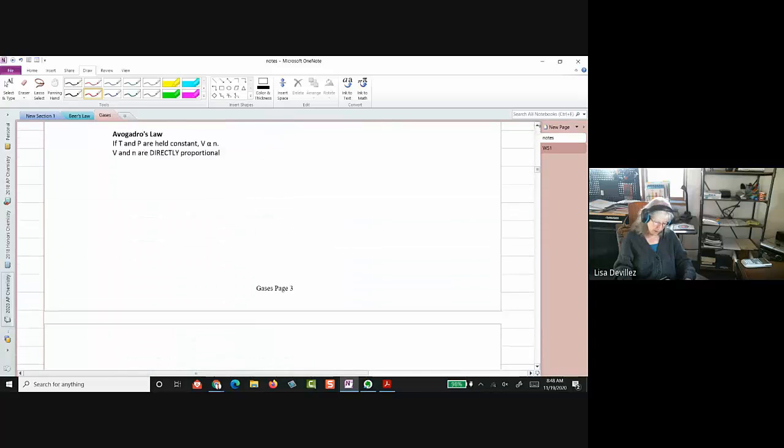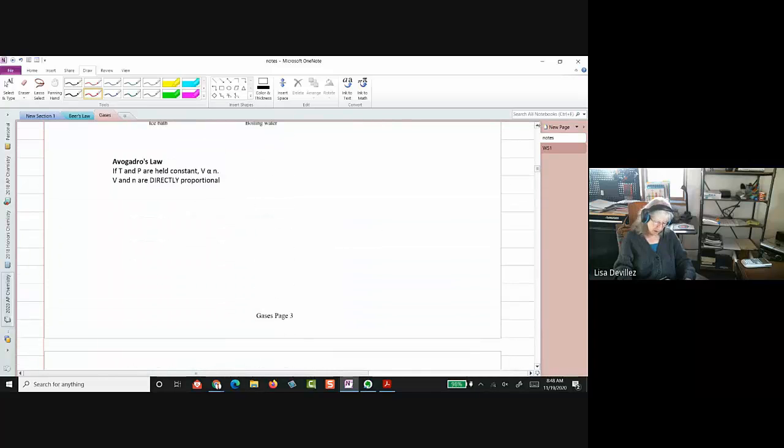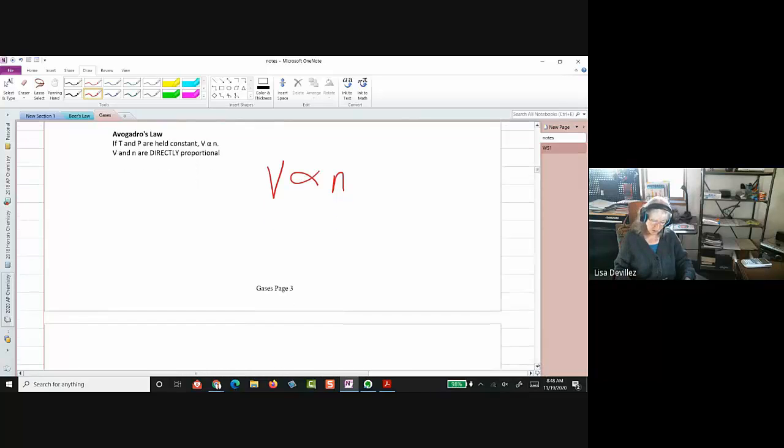It's the wrong diagram there. If the temperature and pressure are constant and I increase the number of moles of particles, the only way I can do that and still have the pressure stay the same is to have more volume. I've got to spread them out more so that the frequency of collisions stays the same. So volume is directly proportional to my moles.